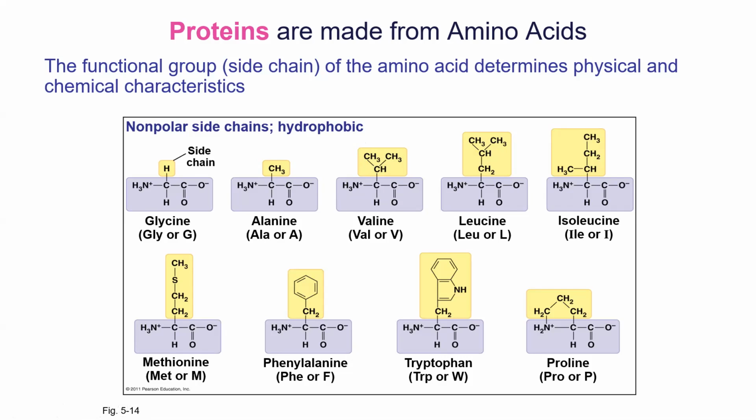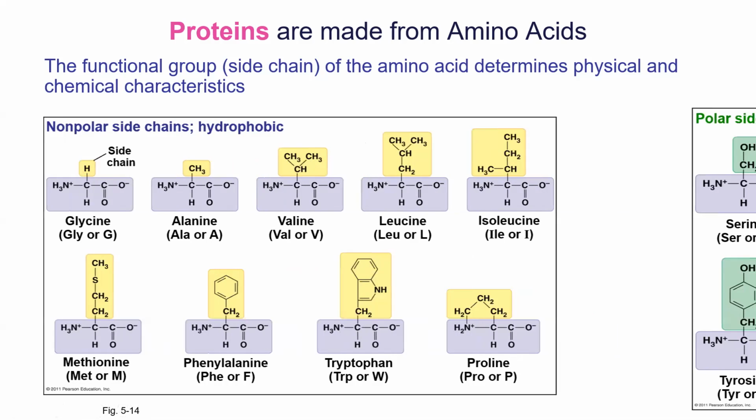And the ones we're currently looking at are all hydrophobic side chains. So it turns out that the amino acids can have different chemical properties, which makes proteins very versatile. All the amino acids, by the way, have a name, like valine, and then they have a 3-letter code, VAL, and a 1-letter code, V, for example.